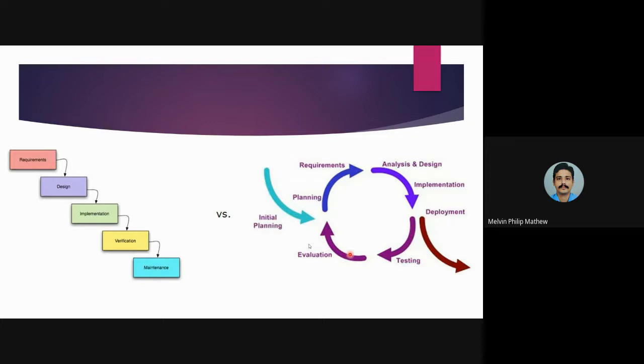There are two phases here, testing and evaluation. Initial planning is done, then it goes to the planning cycle, requirements, analysis, design, implementation, and deployment directly after implementation. So there is no testing and evaluation; this is cancelled. Such an arrangement is done in concurrent engineering.